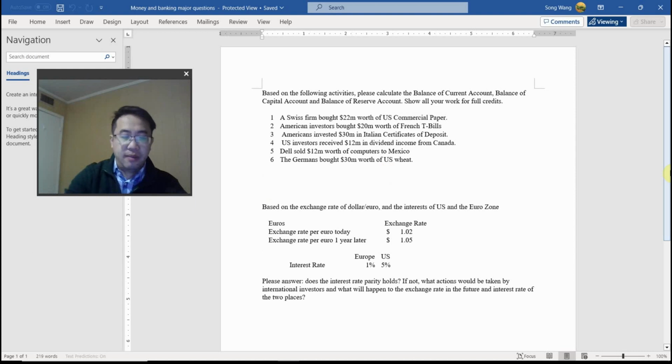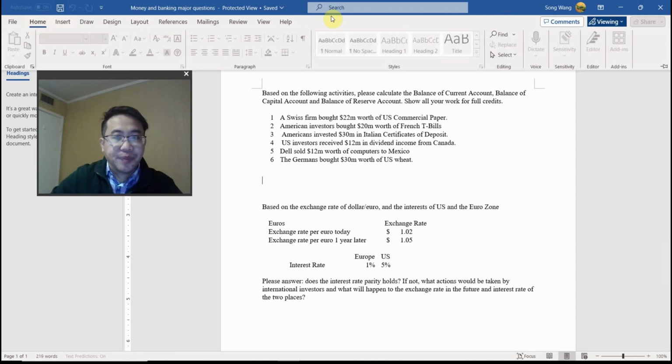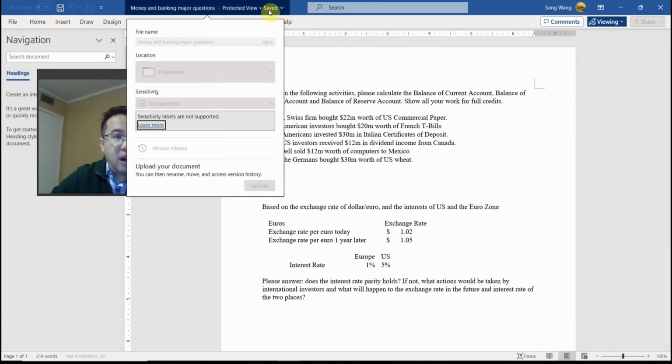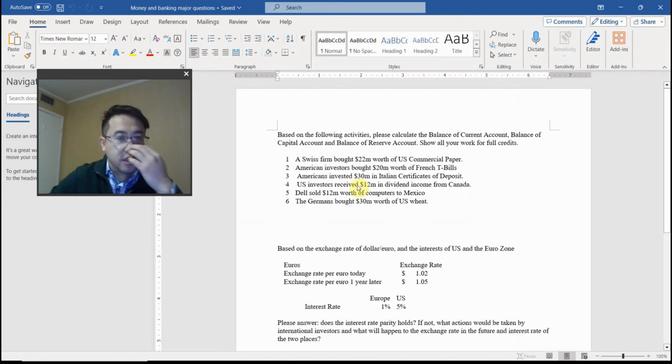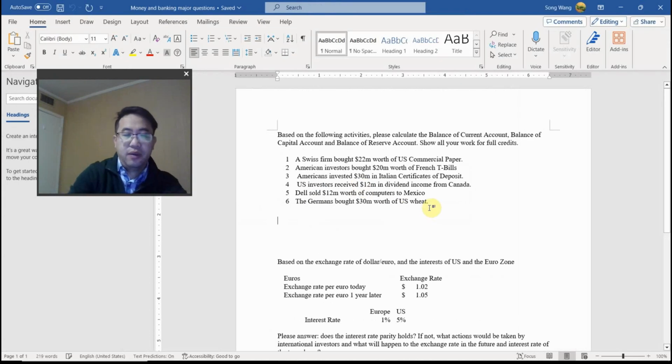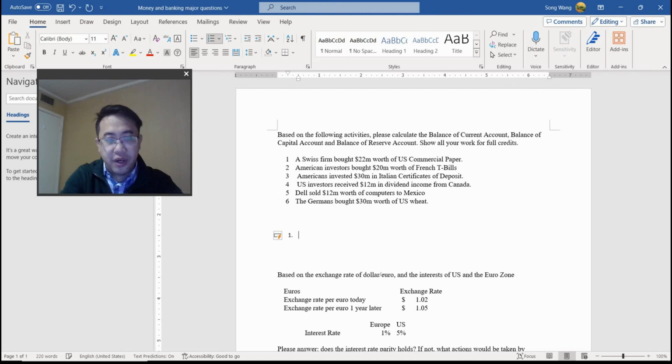And this time, the U.S. will make money, right? Because we are taking the perspective of the U.S. So right here, you can just basically record plus 22 mil for the U.S. And this is investment.